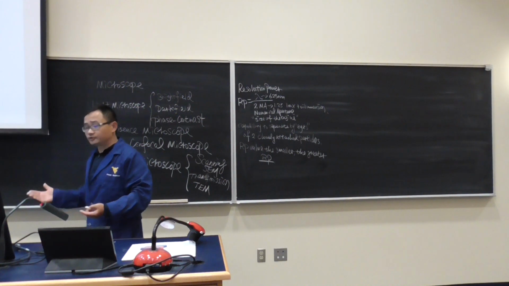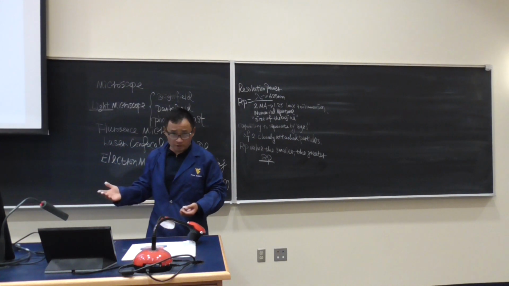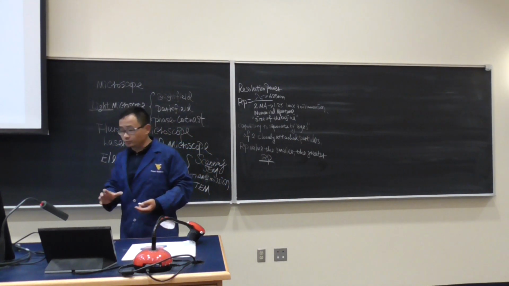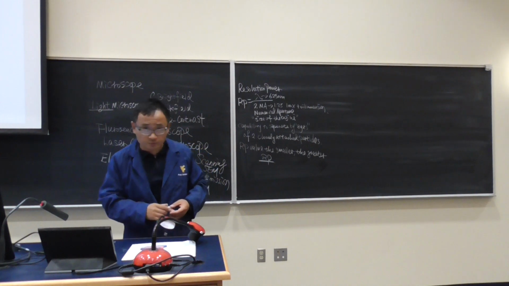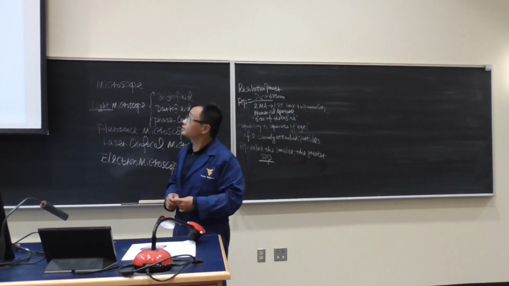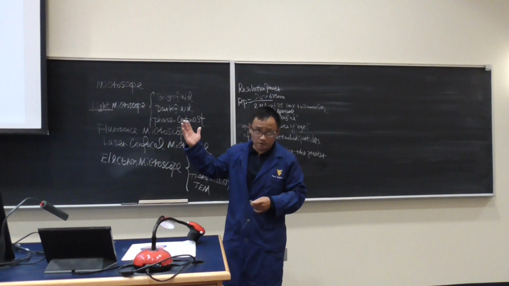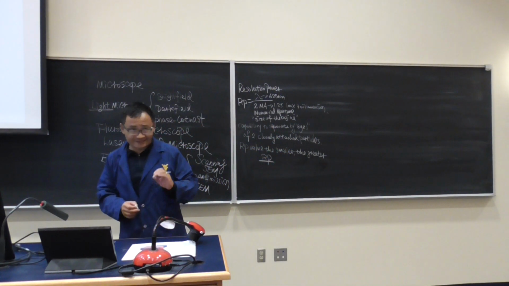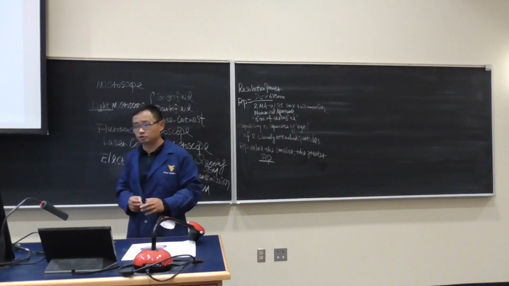And you can see the difference here, which is the resolution in light and electron microscope. The small image is the light microscope, and the large one is the electron microscope. You can clearly see the electron microscope is much clearer and more focused and less fuzzy compared to the light microscope.